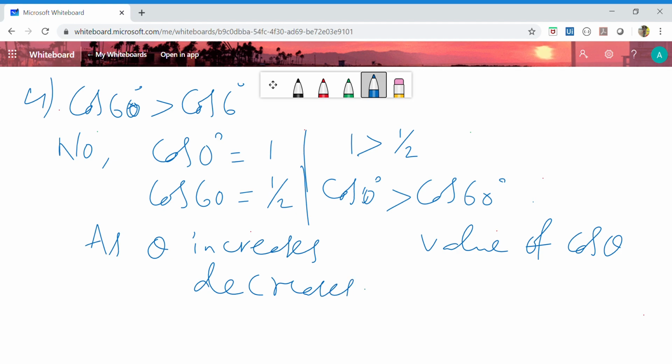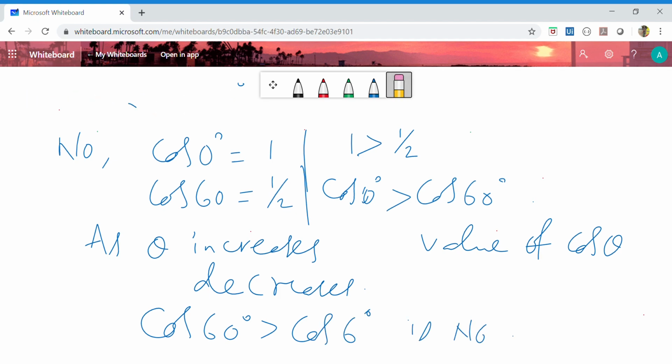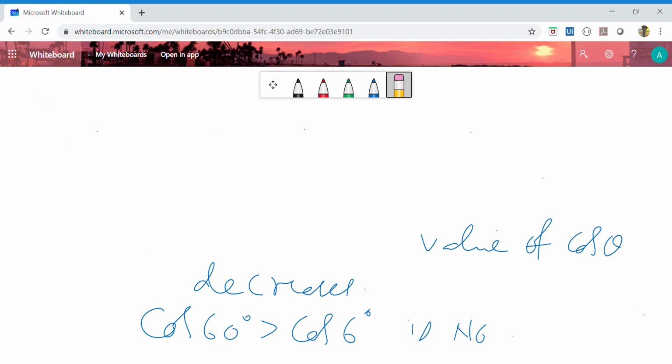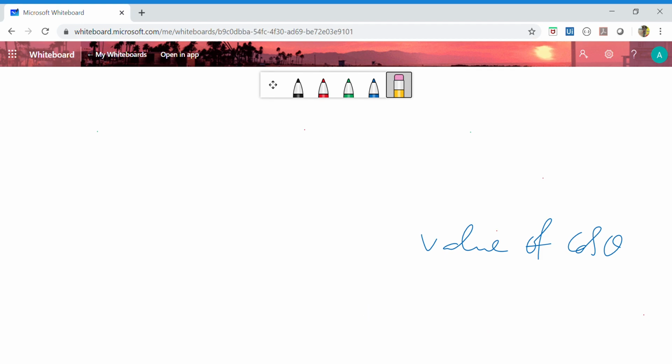So cos 60 is greater than cos 6 is no. Like that only he can ask. If he asks about the sine value, then sine increases when theta increases. Sine value increases when theta increases.